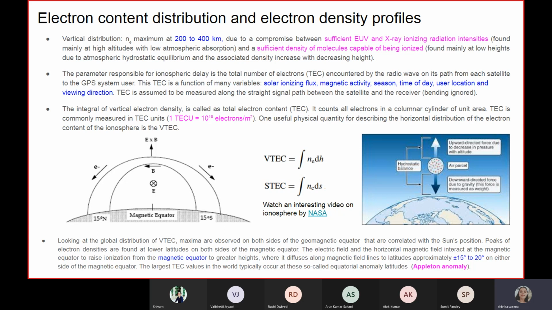This air parcel is acted upon by two different forces, one in the upward direction, one towards the earth. What is the upward force? The upward directed force is due to the decrease in pressure with altitude. This is a natural phenomenon, that pressure will decrease with altitude. This will cause an upward force on the air parcel, but this is balanced by the downward directed force due to gravity.